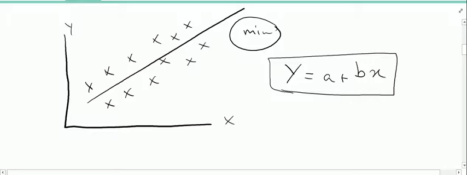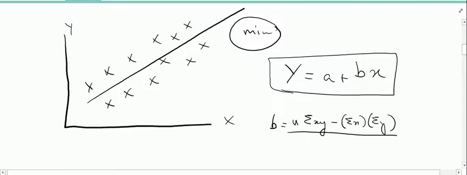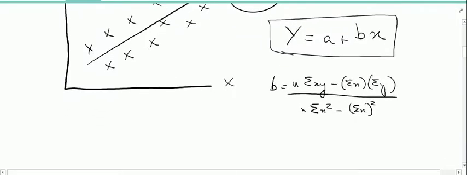To calculate b, we use n times summation of xy minus summation of x into summation of y, over n times summation of x square minus summation of x whole square. And to calculate the value of a, we use summation of y over n minus b times summation of x over n.